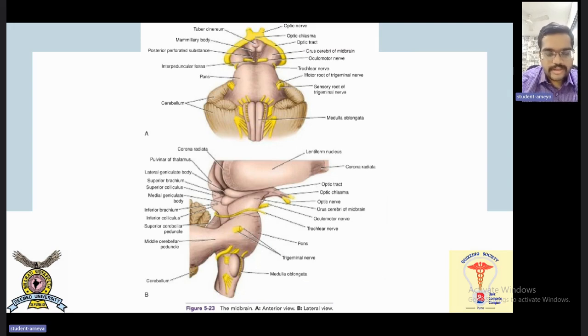So again, the brainstem is made up of the midbrain, medulla, and pons. We have discussed the various nerves involved in the various structures of the brainstem.